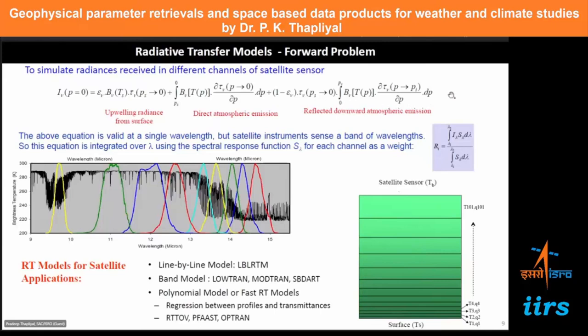It is only important in microwave, because emissivity in microwave is very much less than 1, whereas in infrared, surface emissivity is of the order of 0.99. So this reflection term becomes negligible. There are two terms contributing to the radiation measured by the satellite: the first is emitted by Earth's surface, and the second is integrated radiation emitted by Earth's atmosphere.